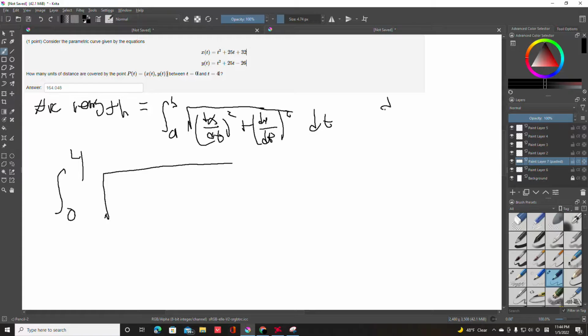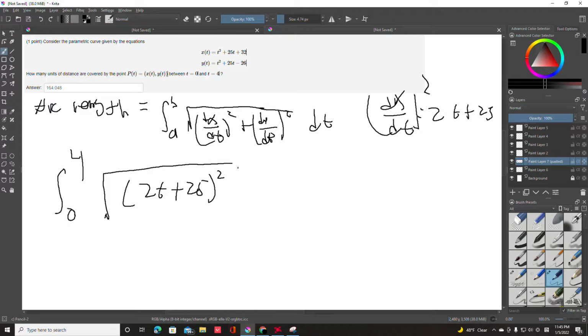So we know that dx over dt is equal to 2t plus 25. If we square this, we would pretty much get 2t plus 25 squared, plus dy over dt, we would get 2t plus 25.